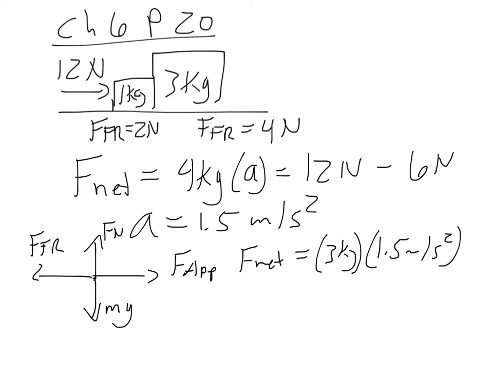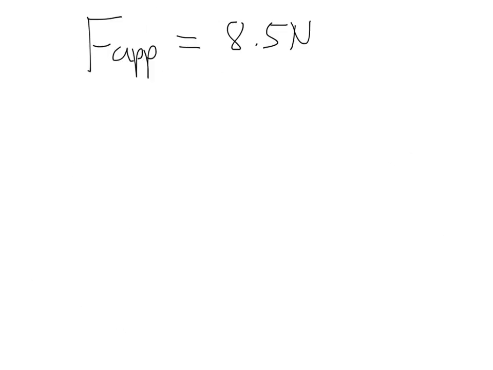That must be equal to the force applied, which is pushing to the right, minus the force of friction for the Wheaties box, which is equal to 4 newtons. Solving for the force applied, we get an applied force of 8.5 newtons on the Wheaties box. That means that the Cheerios box is pushing on the Wheaties box with 8.5 newtons.